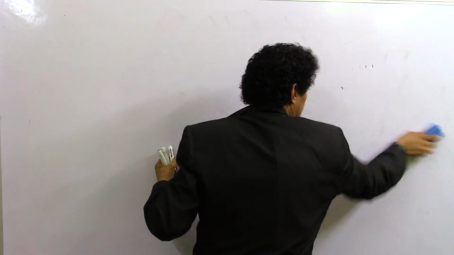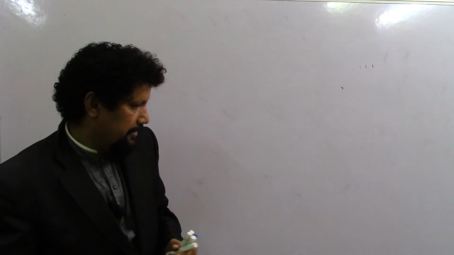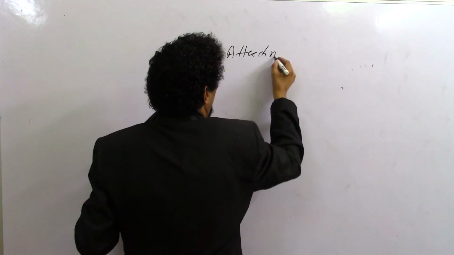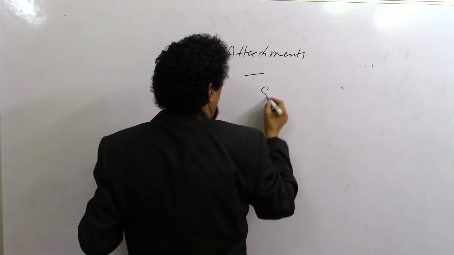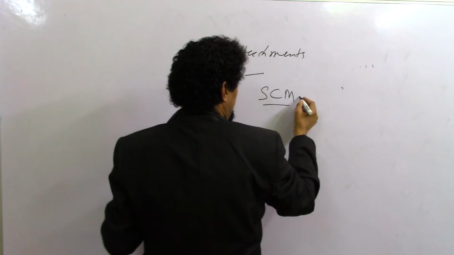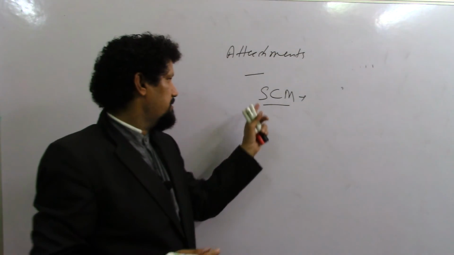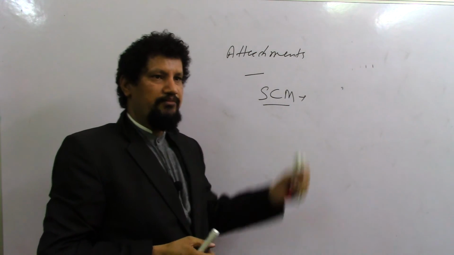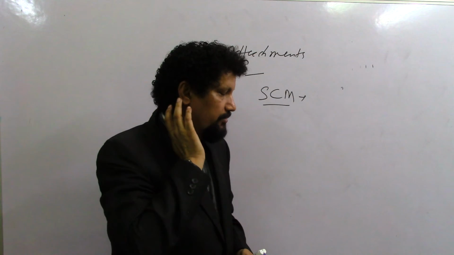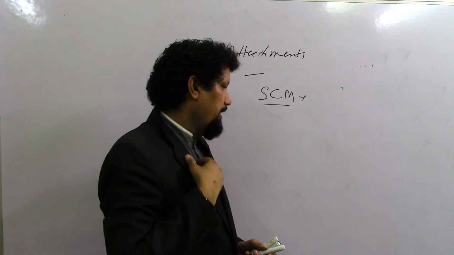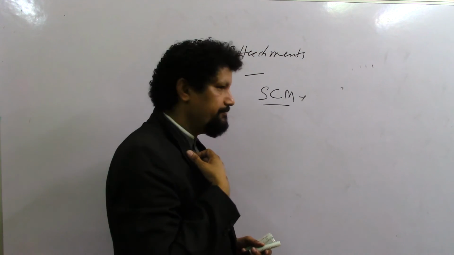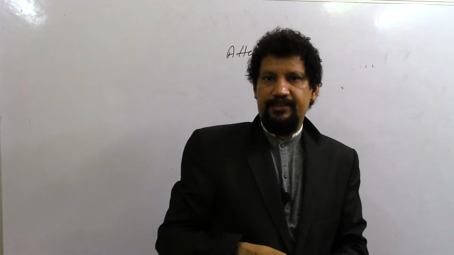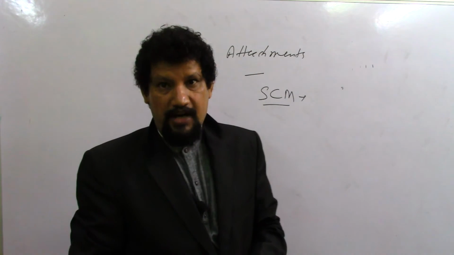When the name of the muscle is according to its attachments, these are the sternocleidomastoid. The muscle is attached to the sternum, cleido for the clavicle, and mastoid, that is the mastoid process of the temporal bone. So the muscle is given its name sternocleidomastoid.